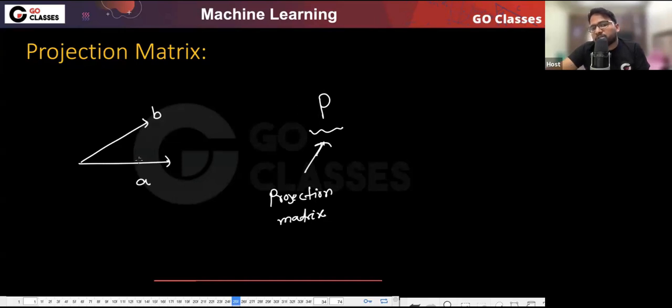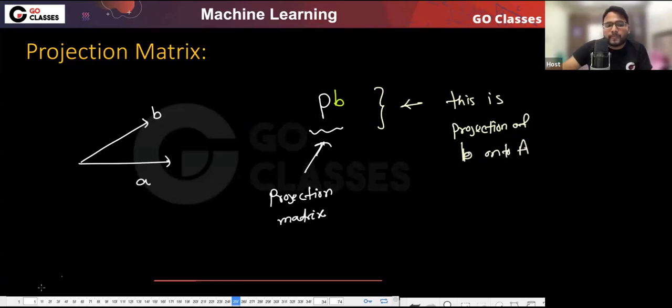It corresponds to this A. If you want to project b, then this is the projection of b onto A. Similarly, let's suppose you want to project c, then this is the projection of c onto A. I want to find such a capital P that by multiplying with it, I can find the projection of that particular vector on the given subspace.